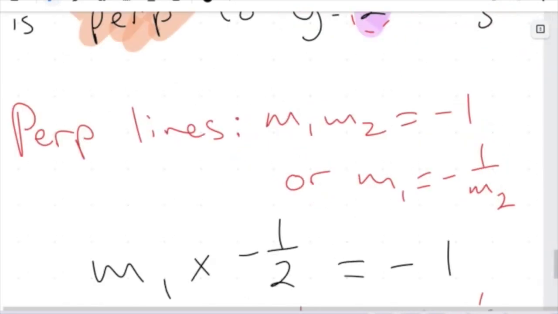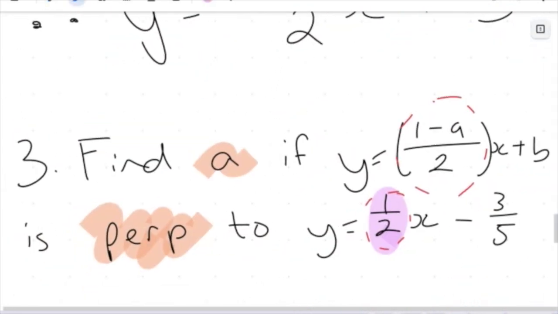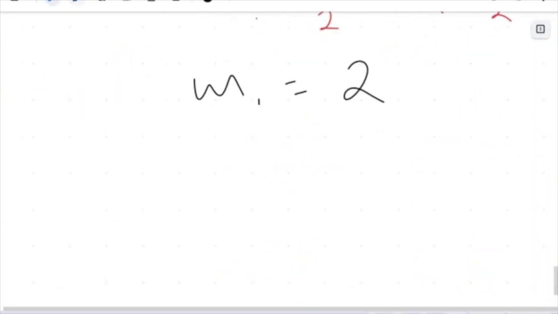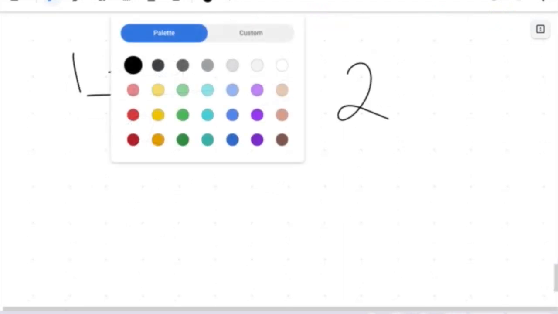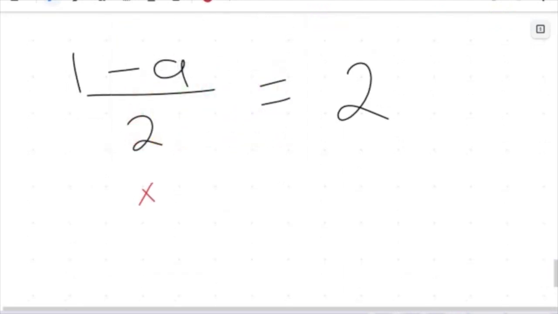Now, I know that this gradient, 1 minus a over 2, equals 2. And now I can just solve this equation. I can times by 2. So I get 1 minus a equals 4.